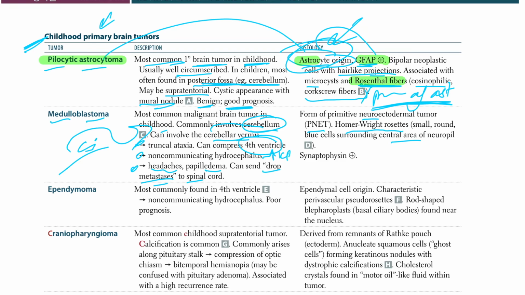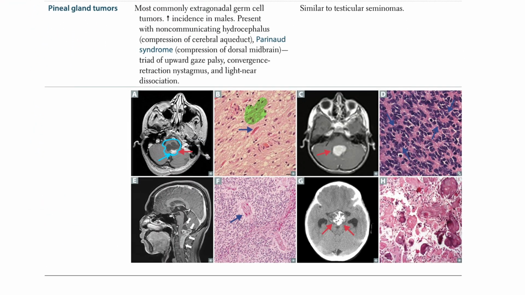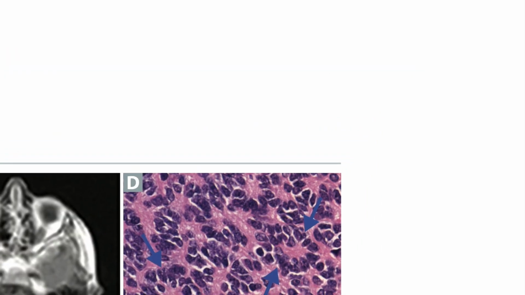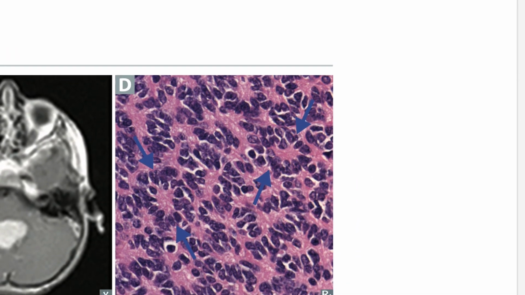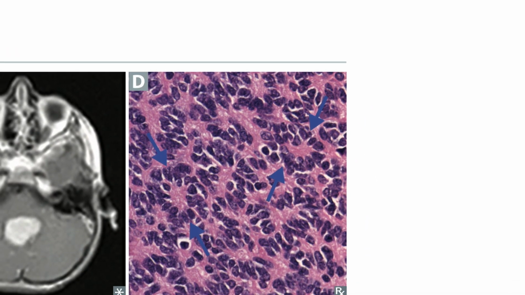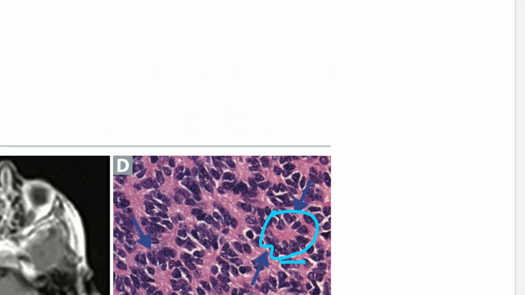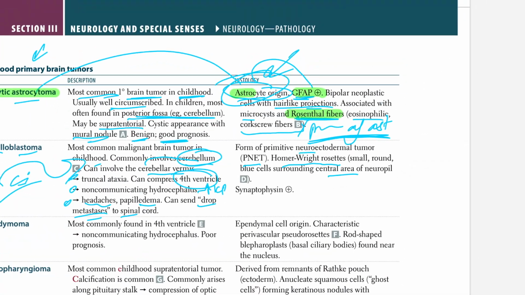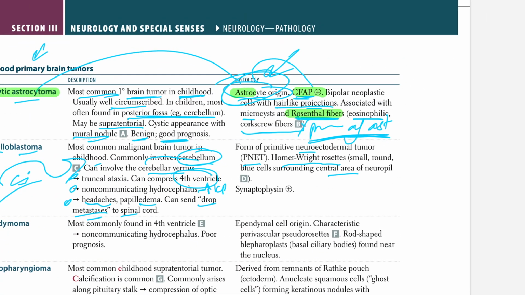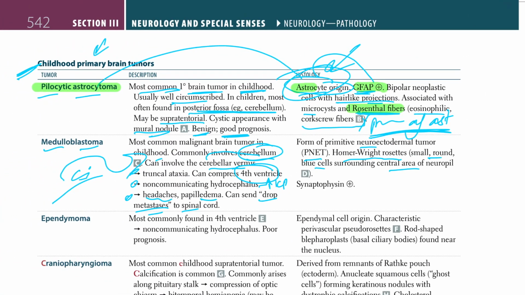So let's take a look at picture D. We have these small blue cells. Right? Sheets of small round blue cells with an increase in mitotic figures. Okay. What they were mentioning was small round blue cells surrounding a central area of neuropil.